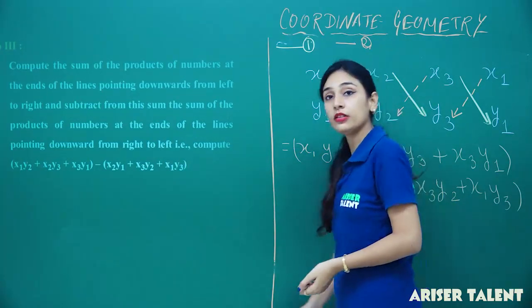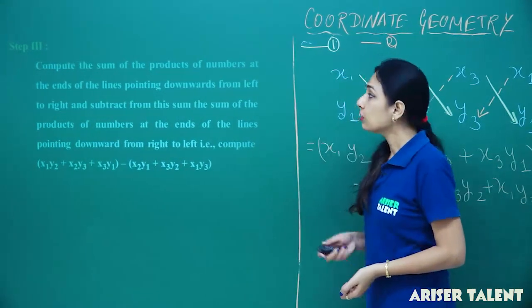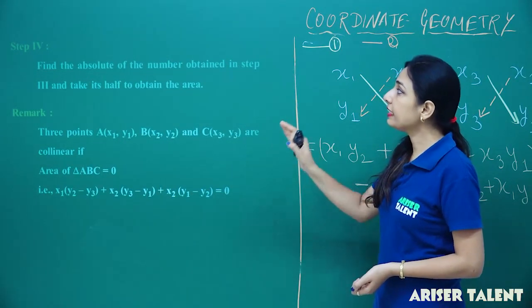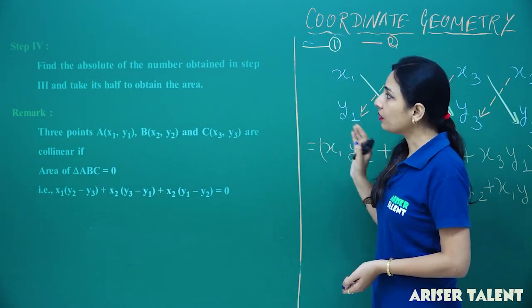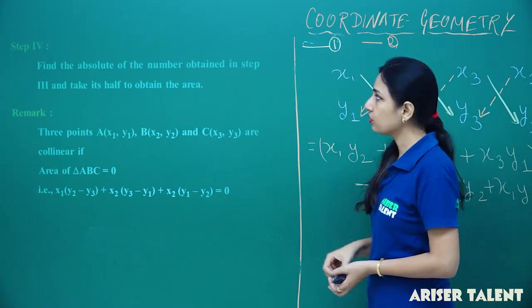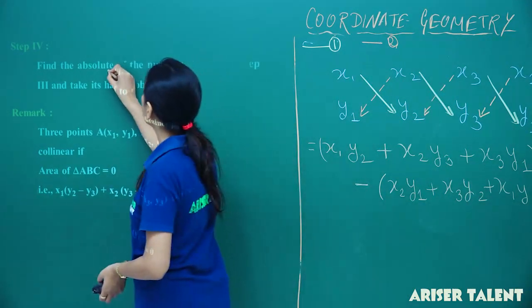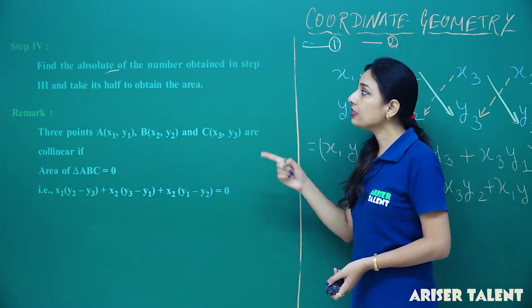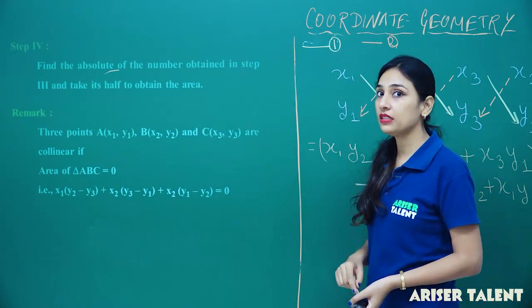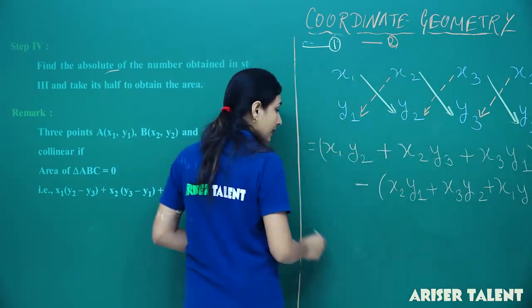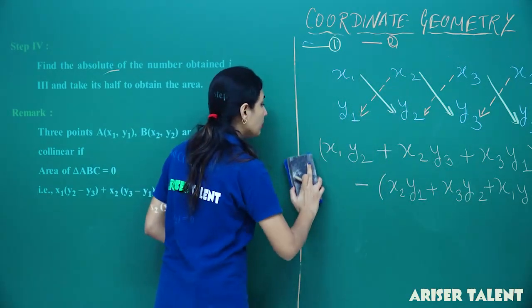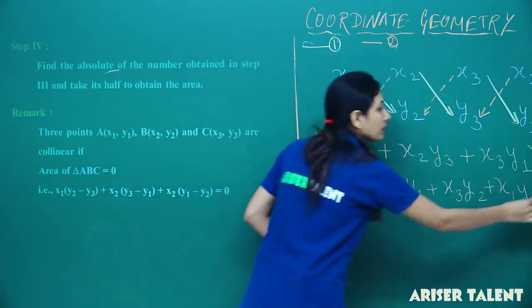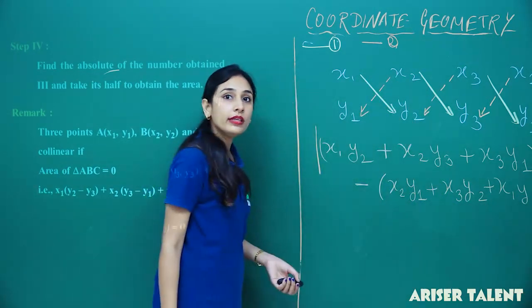Now we will talk about the next step. Okay, so step 4, which is this: find the absolute value of the number. Okay, so mark it absolute value. Take the absolute value of the number obtained in step 3 and take its half to obtain the area. Now absolute value means you will take a mod here.